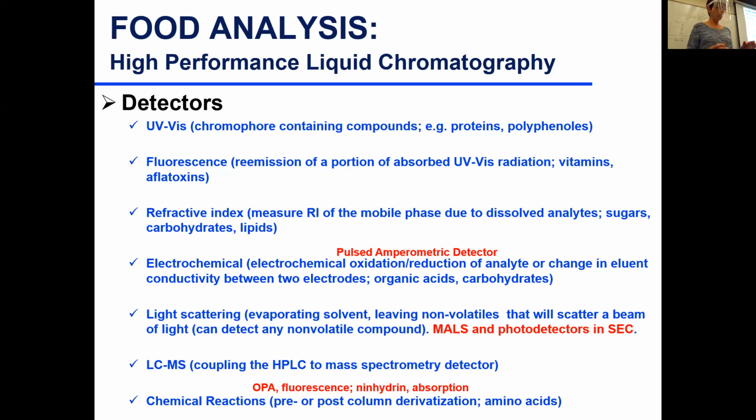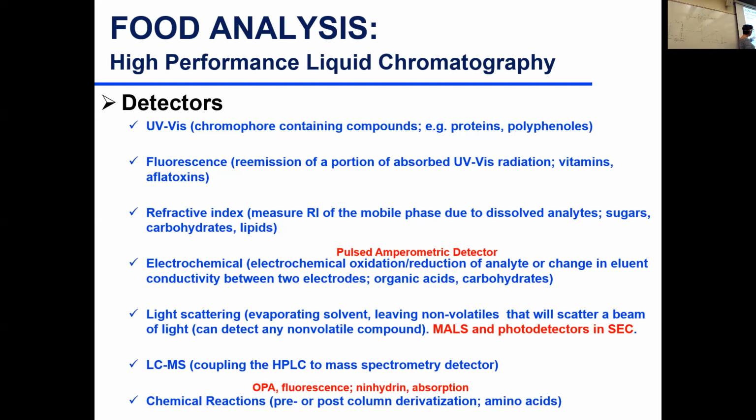So you can measure change in current. So you apply a voltage and you measure change in current in a pulse amperometric detector. PAD, you know, there's PDA, photodiode array detector. This is PAD. People can confuse them, but they're both different detectors but have similar abbreviation letters, PAD versus PDA.